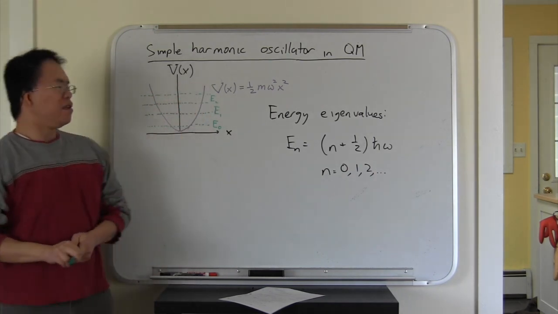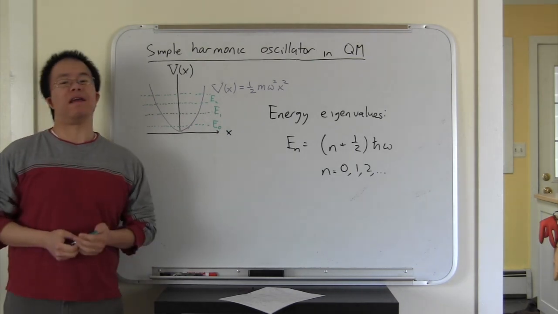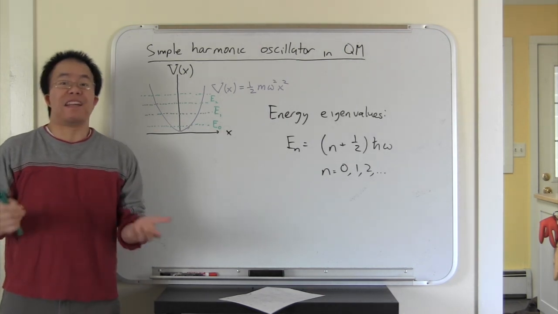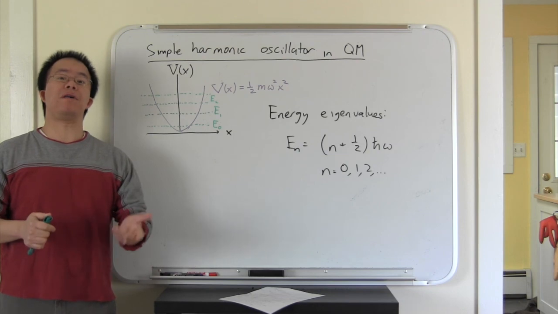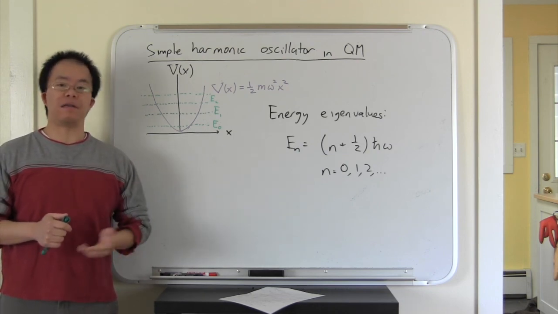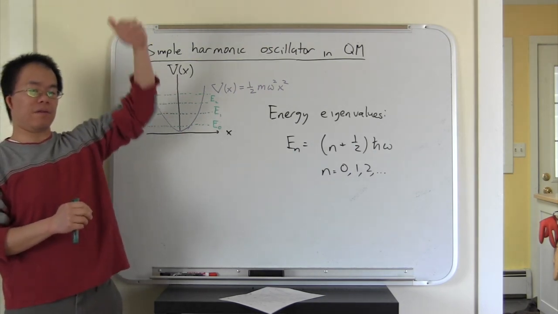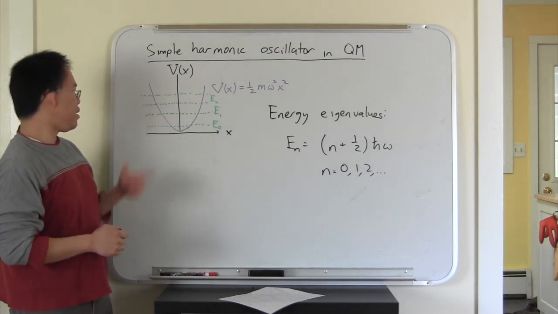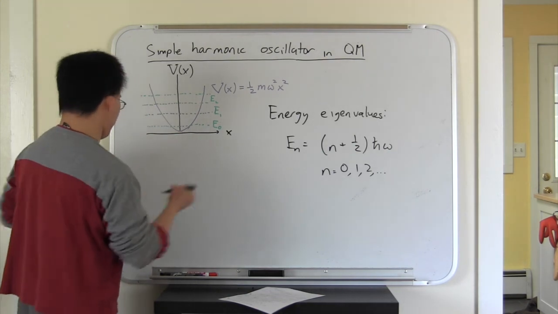This is now quite different behavior than what we saw for the case of, say, an infinite square well. Remember that in the infinite square well, the energy eigenvalues go like n squared, so the energy levels get further and further apart the higher up you go in n. In contrast, here the spacing is even.